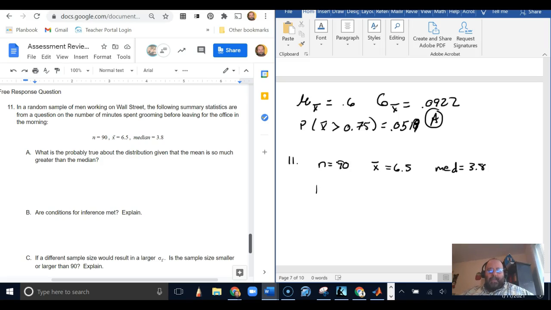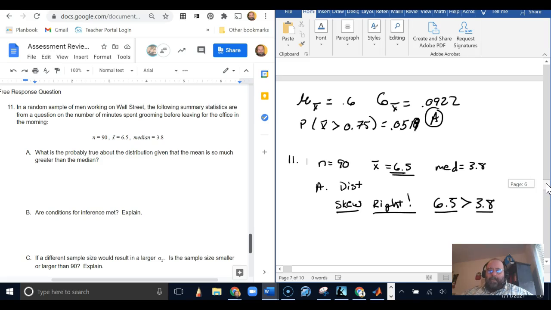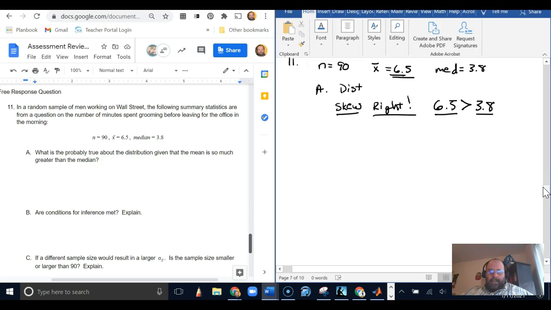So given this information, what do we think about the distribution, about its shape, right? This is probably skewed right. And the reason why we think this is that the mean is significantly larger than the median. When the mean is above the median, that indicates skew right of some sort. Okay, so this data is probably skewed to the right.